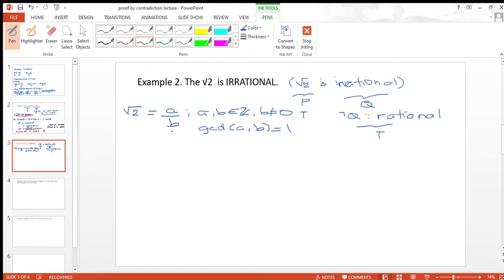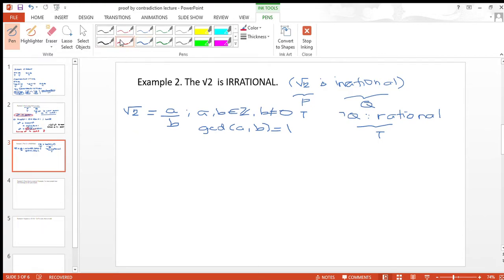But if you have 3 over 9, it is not in lowest terms because both the numerator and denominator can be divided by 3. In that case, the greatest common divisor will be 3, which violates the definition. Okay, so let's go back to this part here.